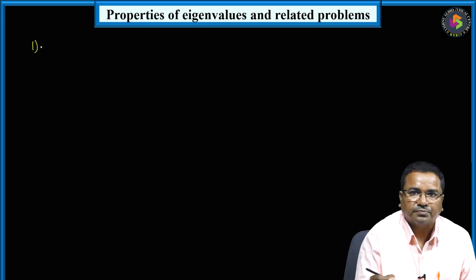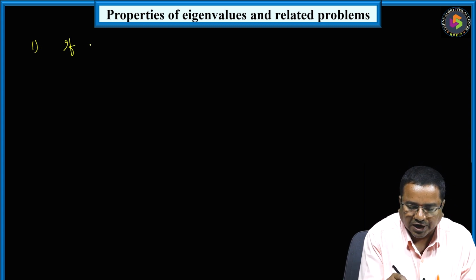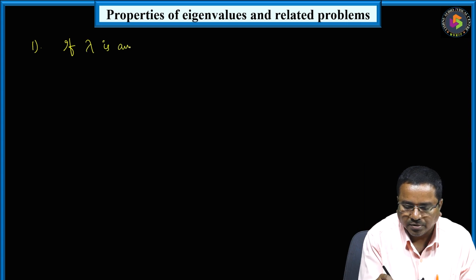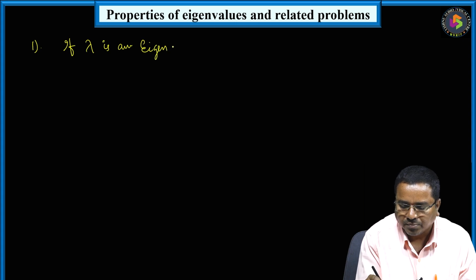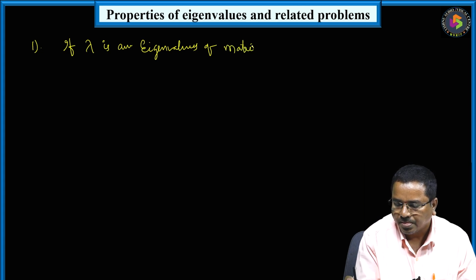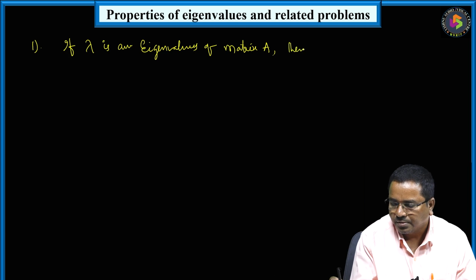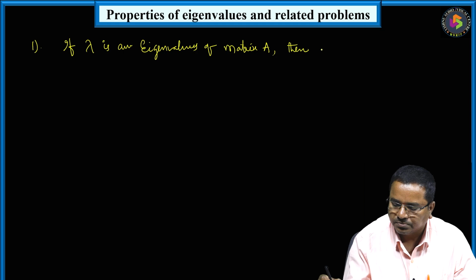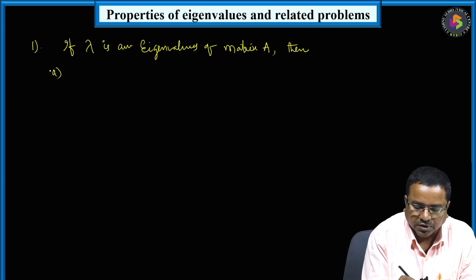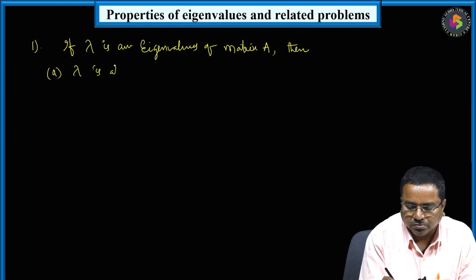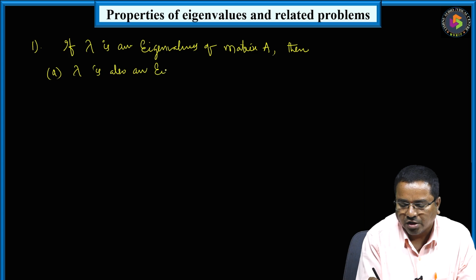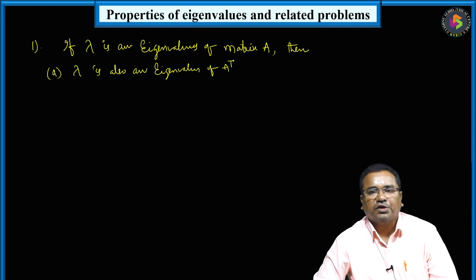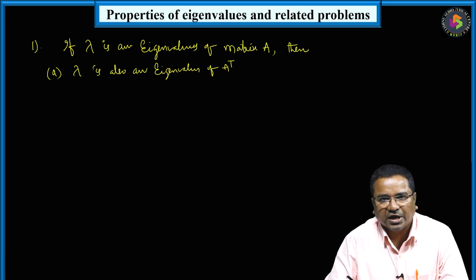The first property: if lambda is an eigenvalue of matrix A, then lambda is also an eigenvalue of its transpose.